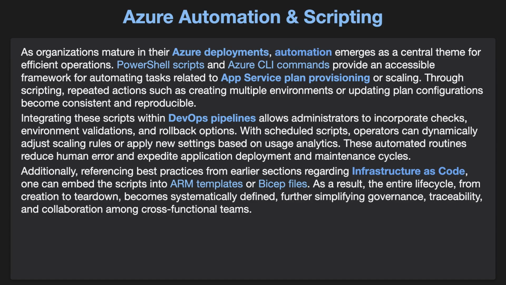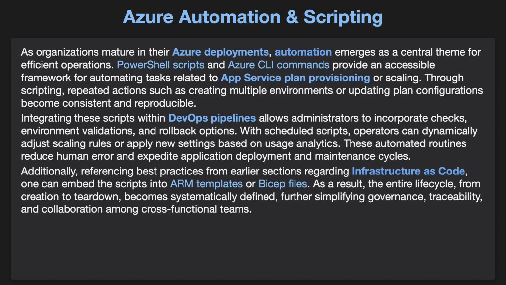Integrating these scripts within DevOps pipelines allows administrators to incorporate checks, environment validations, and rollback options. With scheduled scripts, operators can dynamically adjust scaling rules or apply new settings based on usage analytics. These automated routines reduce human error and expedite application deployment and maintenance cycles.